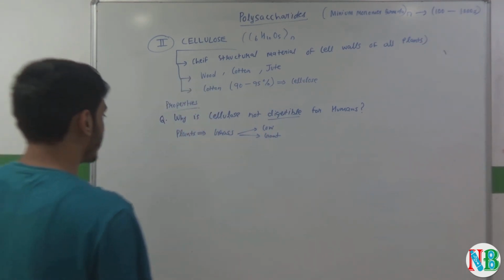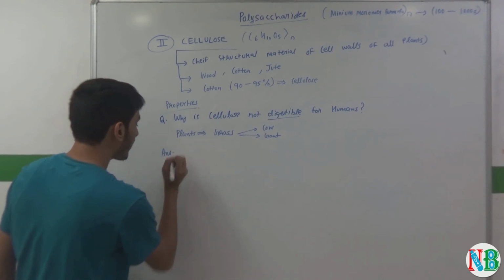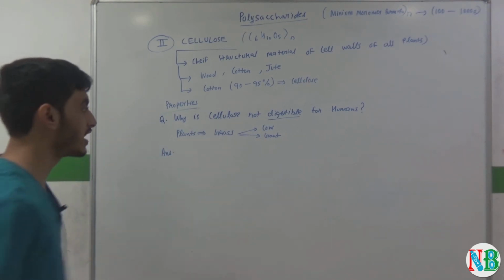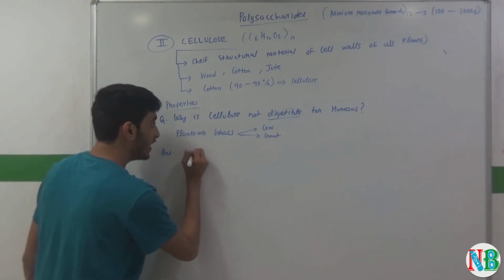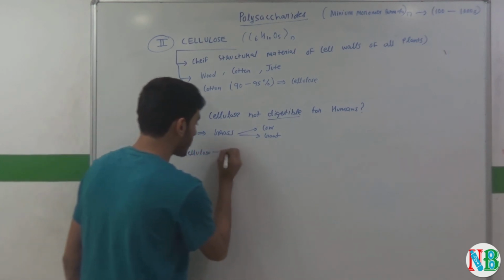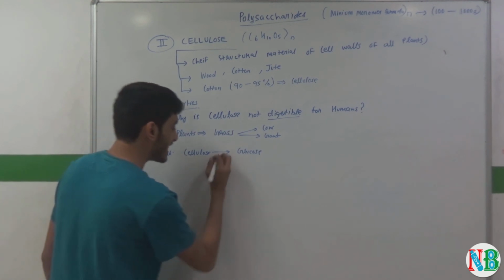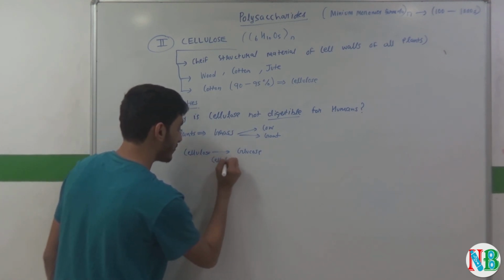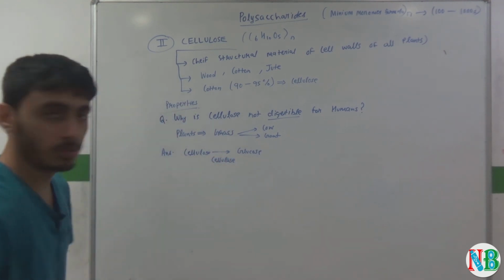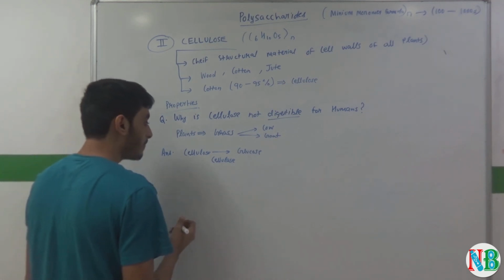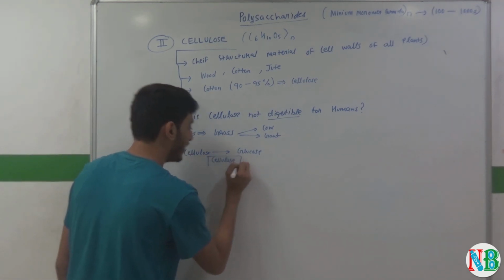The reason for this is that for the hydrolysis of cellulose, to convert cellulose into glucose, you need an enzyme known as cellulase. But in the human body, we don't have the enzyme cellulase.